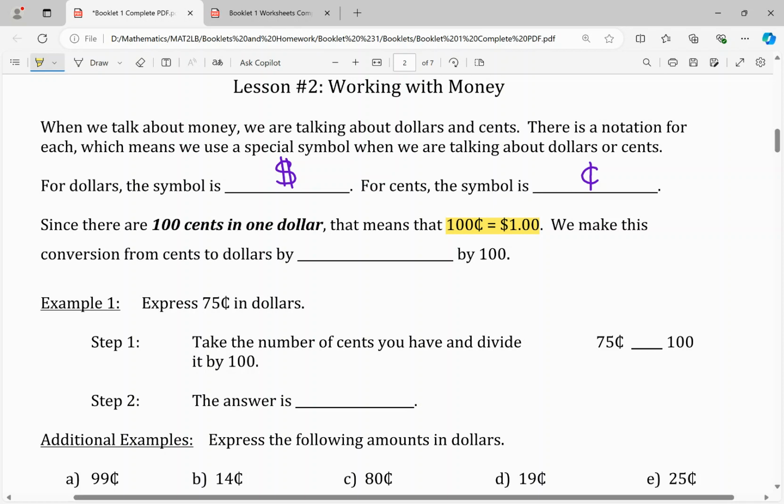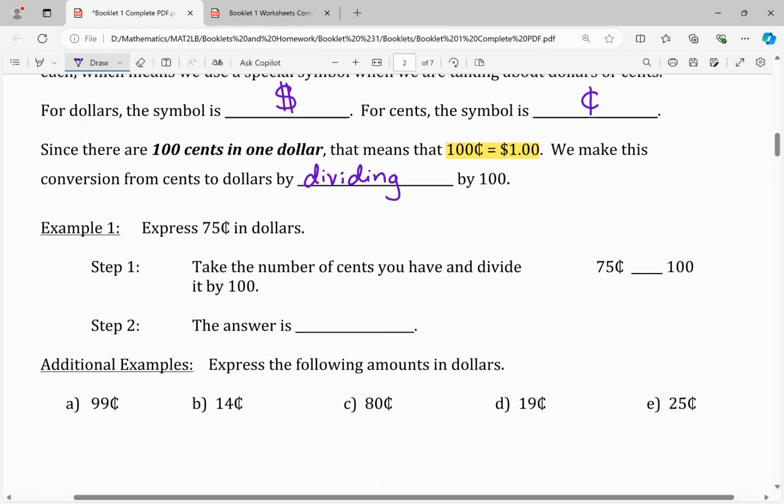If I was to convert from cents to dollars, what I would do is divide by 100. We make this conversion from cents to dollars by dividing by 100.